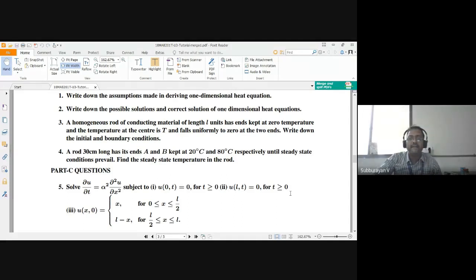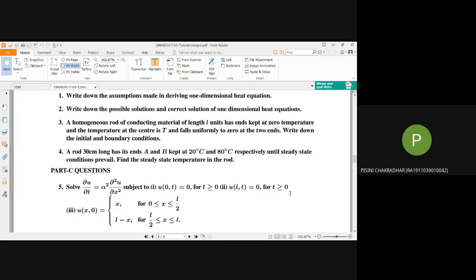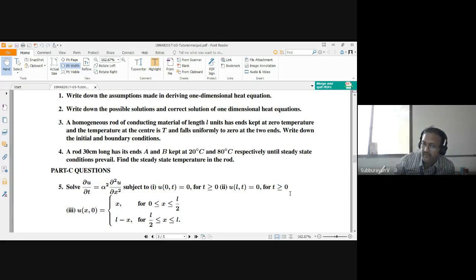Okay, and the midpoint of the rod has the temperature capital T. What is the midpoint of the rod? The midpoint of the rod is L by 2. See, therefore, it forms a triangle function as we discussed in the last few problems.